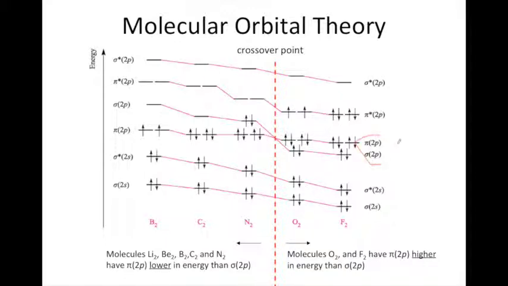Notice, compare it to over here, the sigma 2p is lower energy here, and the sigma 2p is higher energy here compared to the pi 2p's. So there's a crossover point where those two actually flip-flop. Pause the video if you need to and carefully look at this. All the energy levels and molecular orbitals are the same. The only difference is that those two flip-flop for molecules such as O2 and F2.